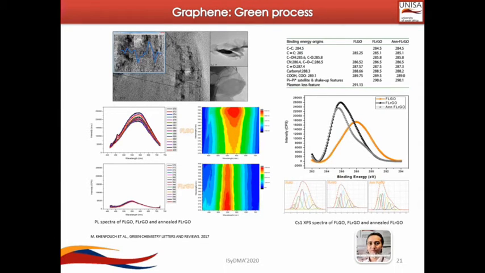So the XPS results are confirming the removal of many functional groups, and this was also confirmed by photoluminescence. As you can see, for the case of few layered graphene oxide, there is an intense emission band which started to disappear after the reduction of functional groups from the surface of graphene using the plant extract.